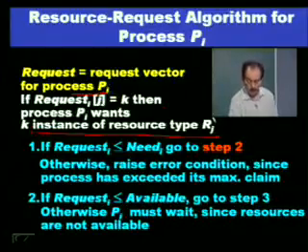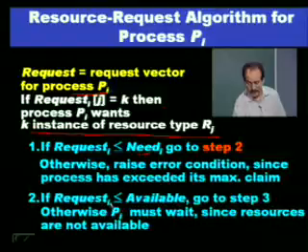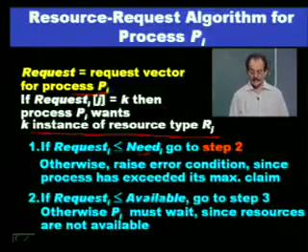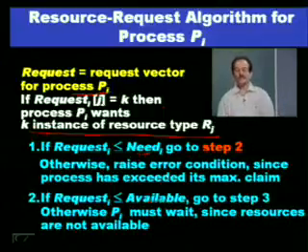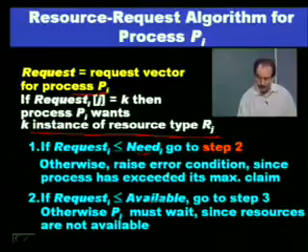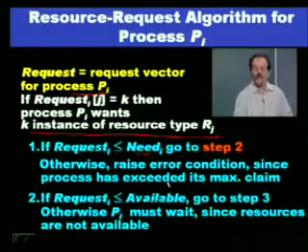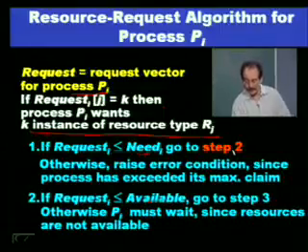Now, if request is less than or equal to need, we check whether they are available or not. If request is less than or equal to available, we go to step 3; otherwise, process P_i has to wait.